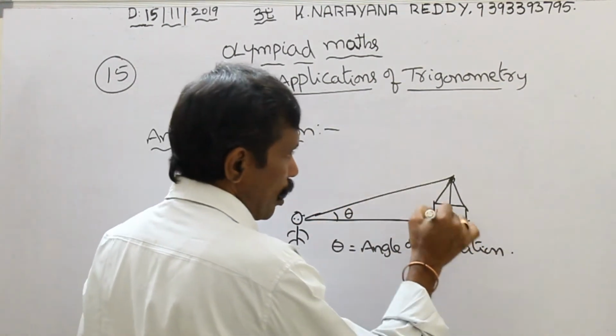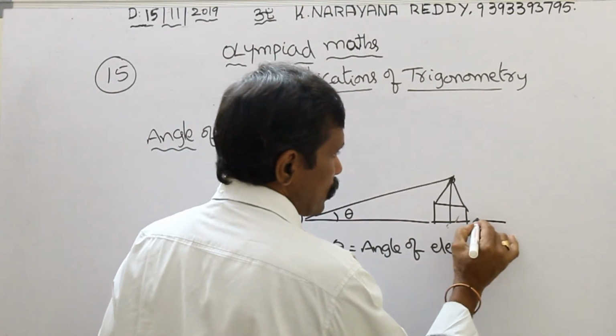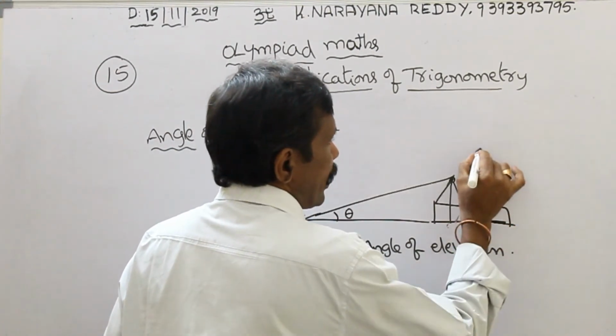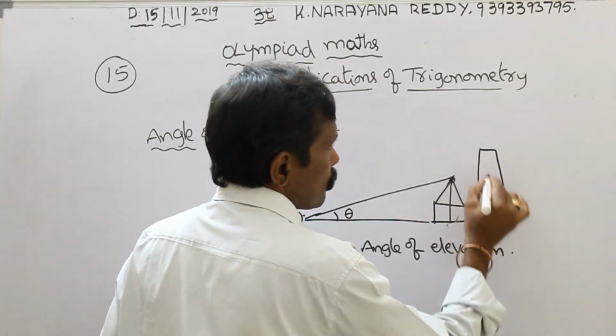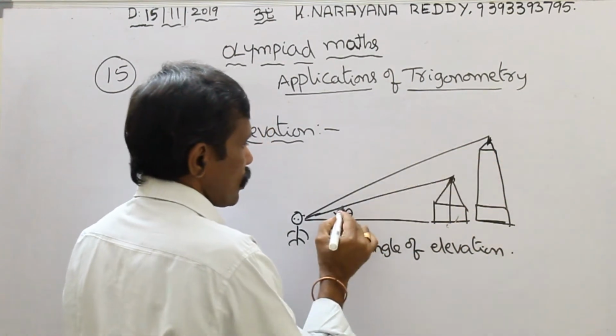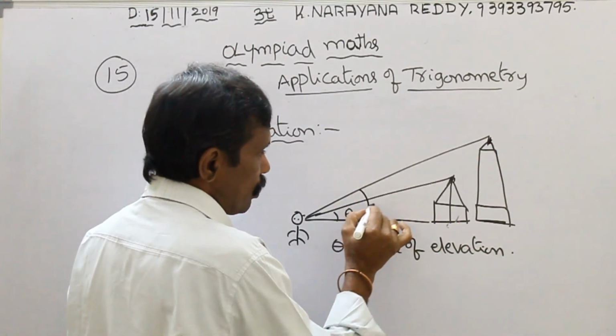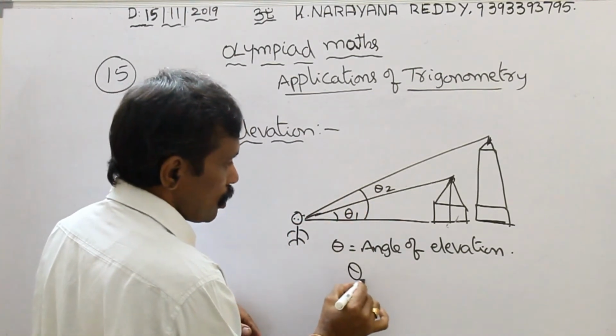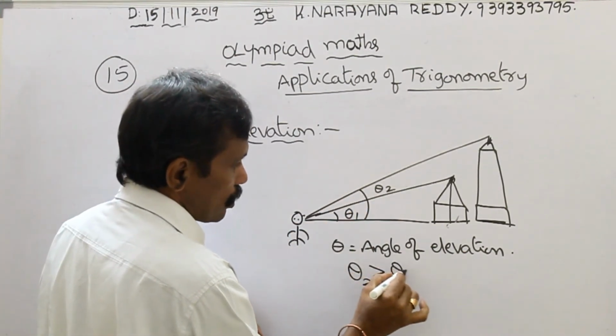Suppose if another object is there, take another object, some height object. Now, angle of elevation is different from this one. Compared to this, this is theta 1, this is theta 2. Theta 2 is greater than theta 1.